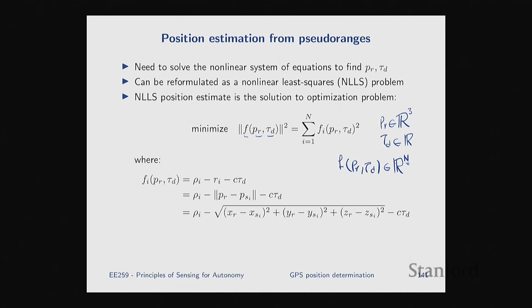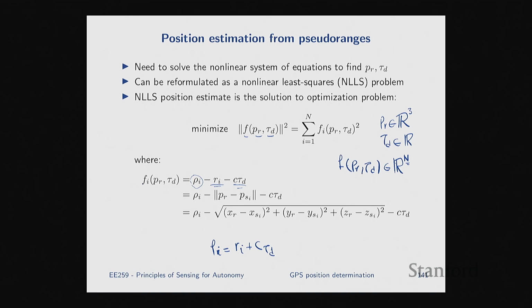Each entry f_i is basically your pseudo-range to the corresponding satellite, rho_i, minus R_i minus C tau_d. So if you have solved your GPS equations correctly, these f_i's should be almost 0, because we started with the fact that rho_i should be equal to R_i plus C tau_d.